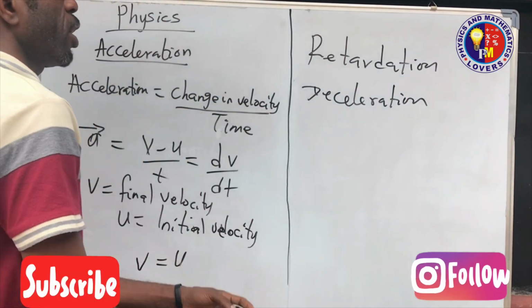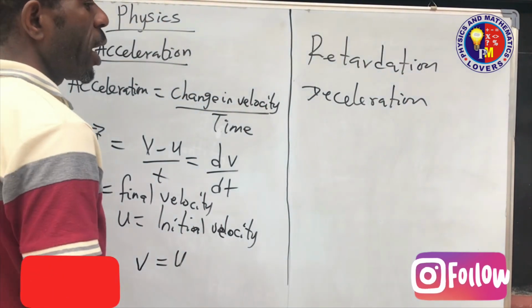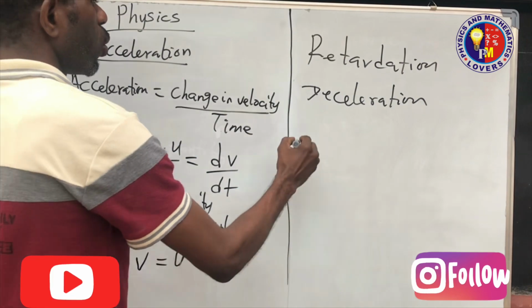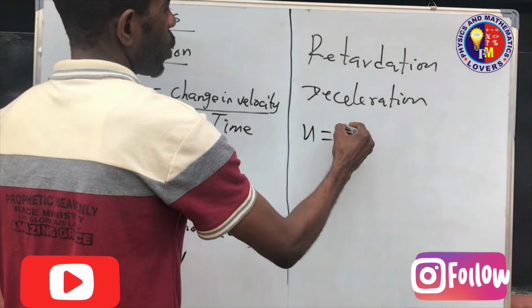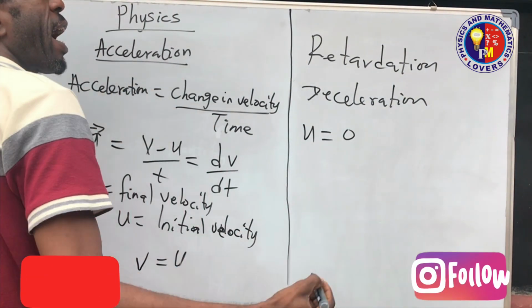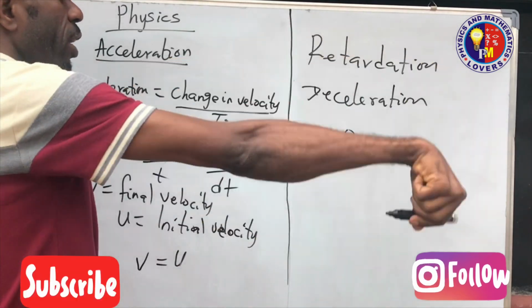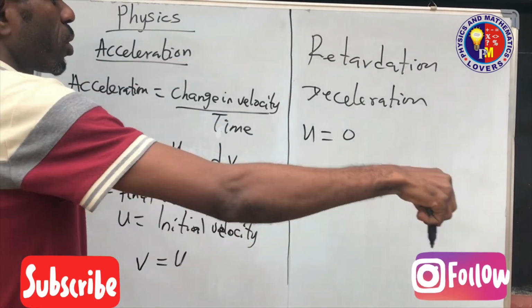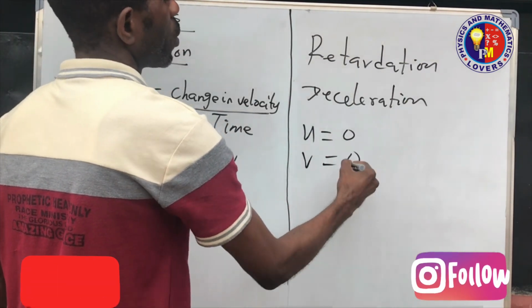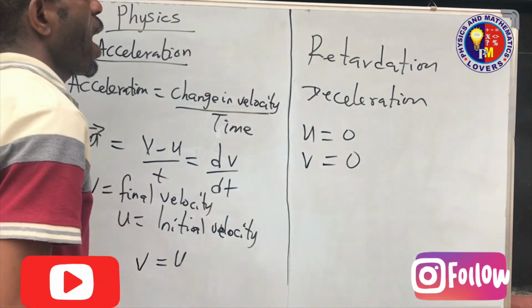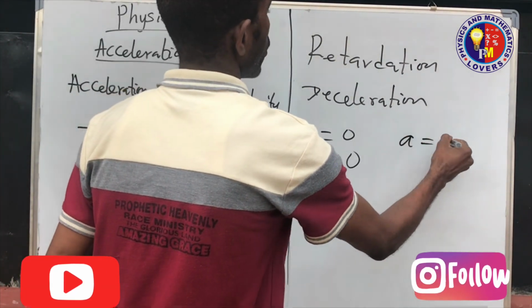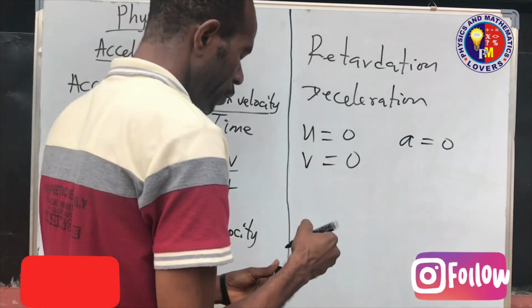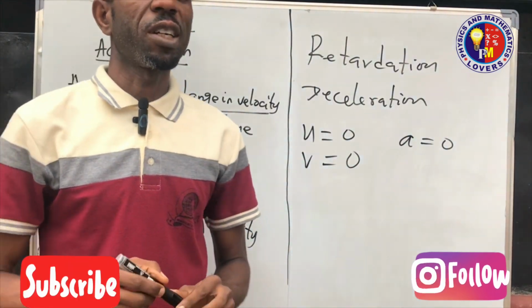So when the car is about to move, your initial velocity, which is u, is equal to 0. Now, when the car is brought to rest, or when the body has come to rest, your final velocity becomes 0. Where we have that, we also call it retardation.